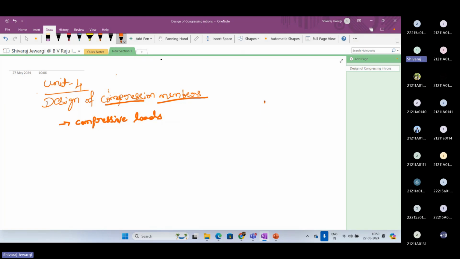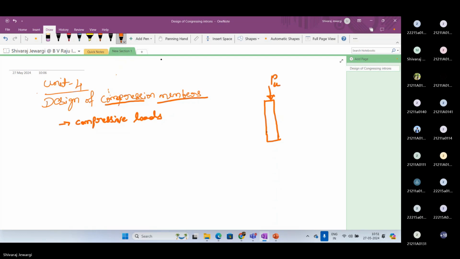Say, for example, this is a member. In RCC, in reinforced concrete structures also, we have discussed this compression member. Can you give me an example of a compression member? It is a column, isn't it? A column is perfectly suitable as a compression member, where it is subjected to compressive load.